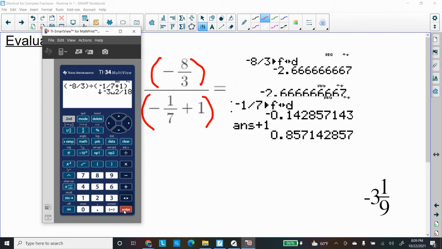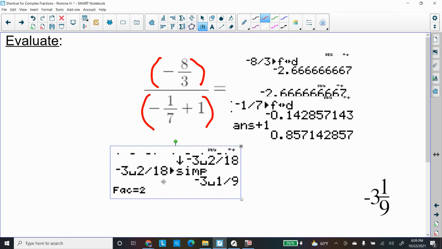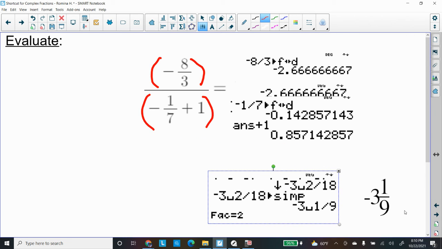Let's press enter, and you get negative 3 and 2/18. Dr. Rob, 2/18? That's not negative 3 and 1/9. Are you sure? What if we simplify it? Let's simplify, and I get negative 3 units and 1/9, which is exactly the same thing as we got. So there is your answer. It's the same.